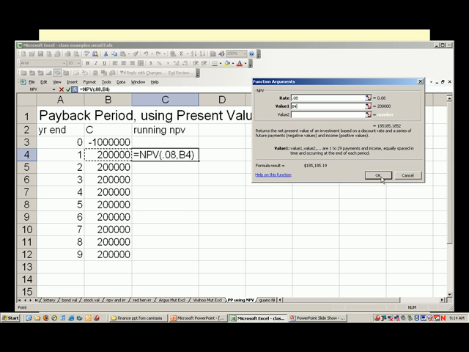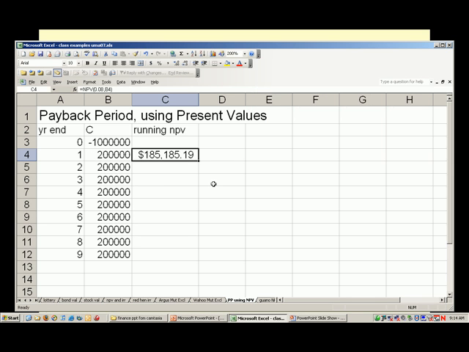Say OK. And then, as you recall, to calculate a true net present value, we have to go up to the formula bar and modify our formula by adding back in the year 0 cash flow. And at the end of the first year, the NPV is minus $800,000.